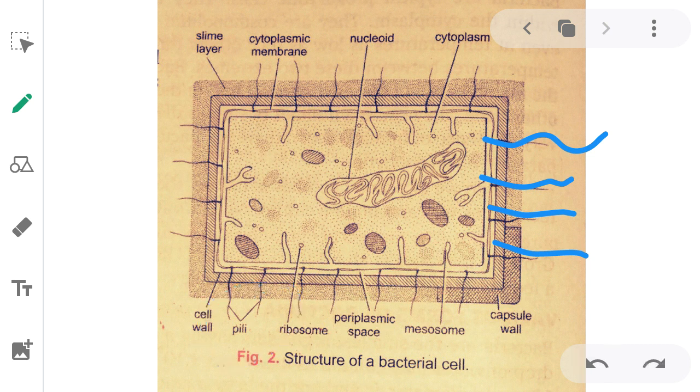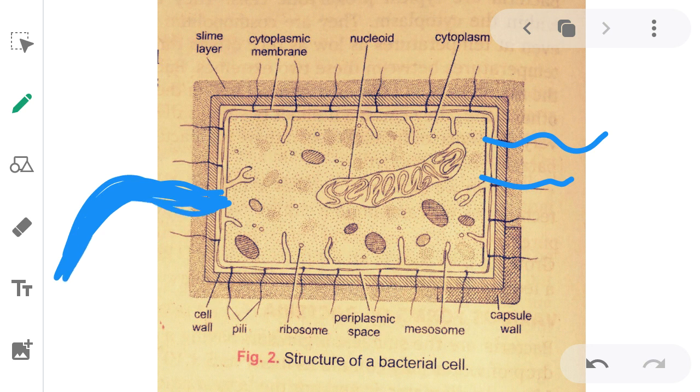For movement, the flagellum is not here, so we can draw a flagellum. This is a flagellum. Flagellum helps in movement. If bacteria want to go somewhere, the flagellum will help.